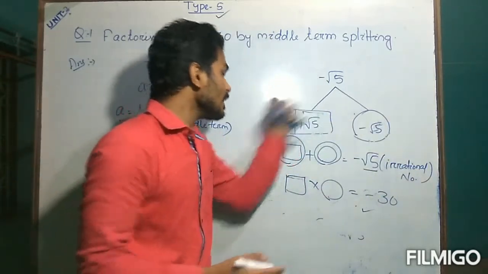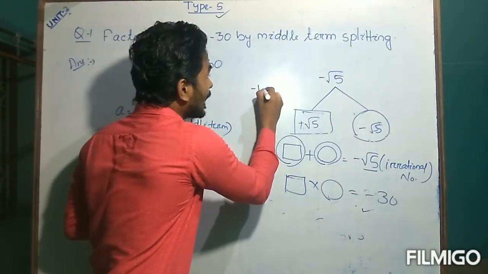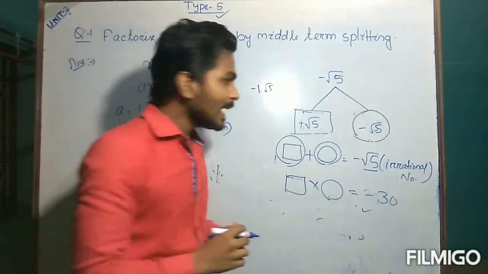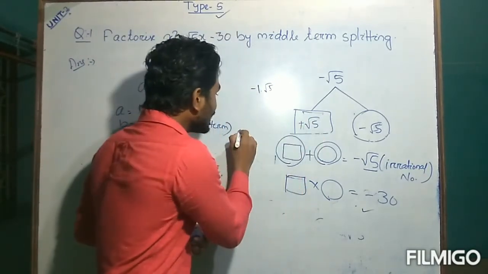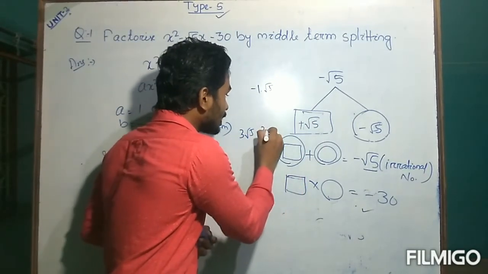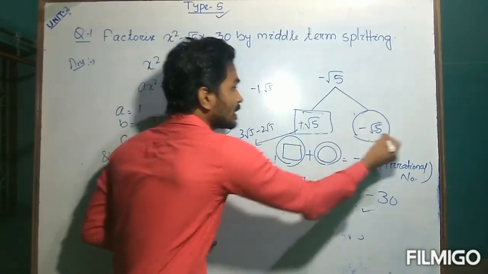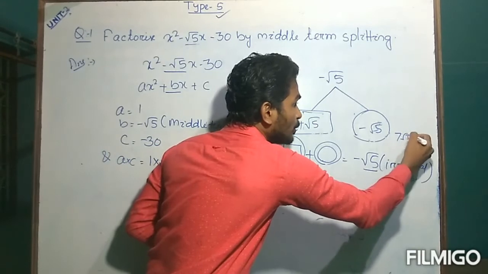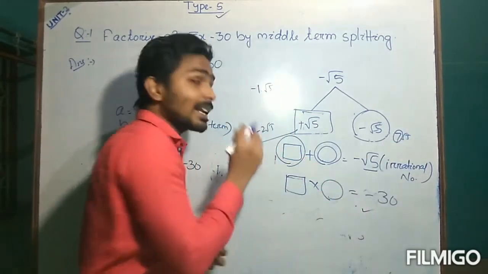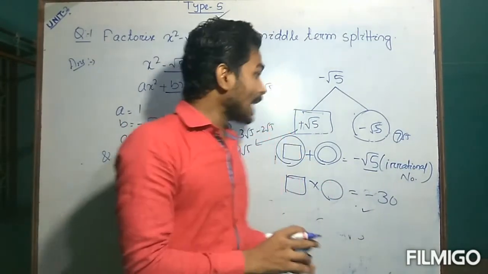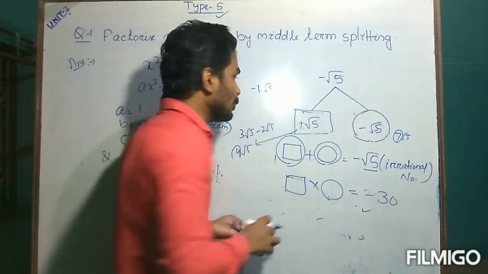That means we need here minus 1 into root 5. And we do not know whether it is 3 root 5, minus 2 root 5, 4 root 5 or 7 root 5. We do not know the value of this rational part. Now we need to find that value.